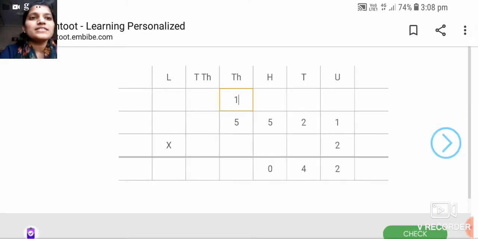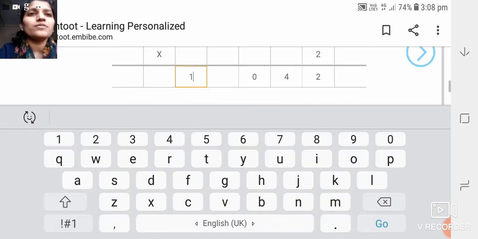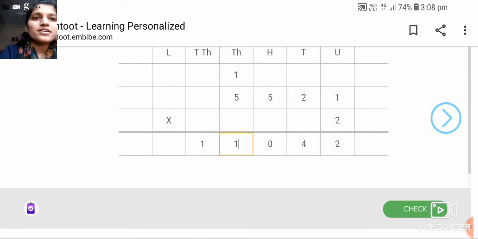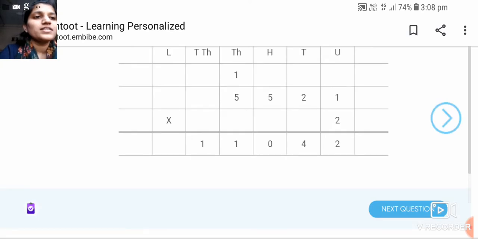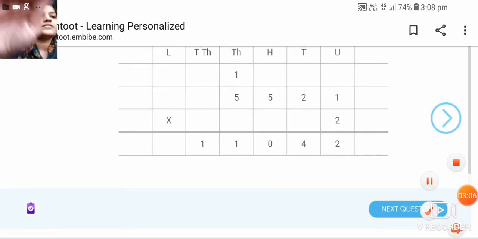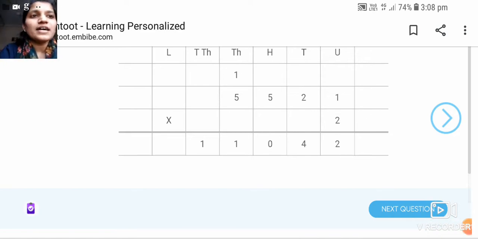Then again 5 is there in the thousands place, so 2 5s are 10, and 1 is there in carryover, so we add that carryover. 10 plus 1 is 11, so we write 11 here. So this is our answer, 11,042. Let's check the answer. Yes, the option is next question, that means our answer is correct.